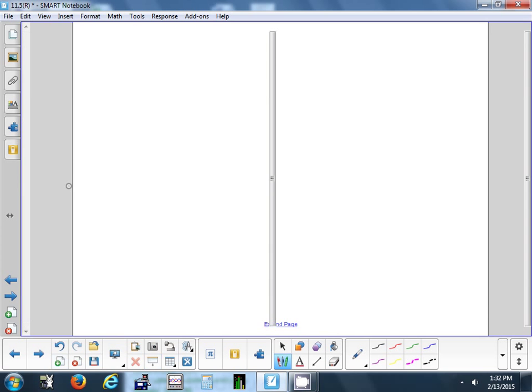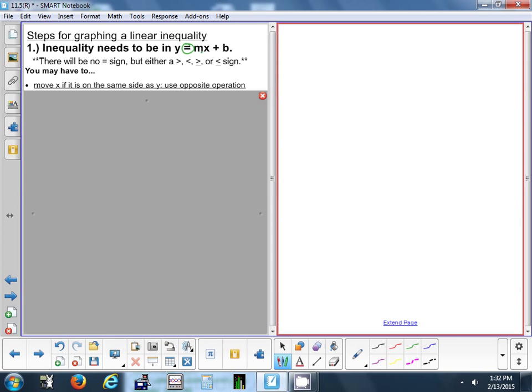Let's go like this. Are x and y on the same side here? Yeah. So this step says move x if it is on the same side as y. How do you do it? Use the opposite operation. Yeah, you'd minus x. So now you have y is less than.